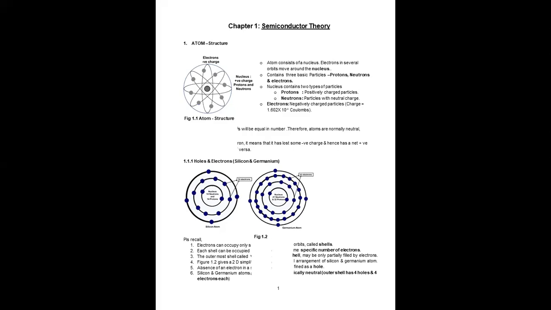So the atom consists of a nucleus, as you all know. Electrons in several orbits move around the nucleus. It contains three basic particles: protons, which are the positively charged particles, the neutrons, which are neutral, and the electrons. The charge on a proton and an electron is the same, that is 1.6 into 10 raised to the minus 19 coulombs, but they are oppositely charged bodies.